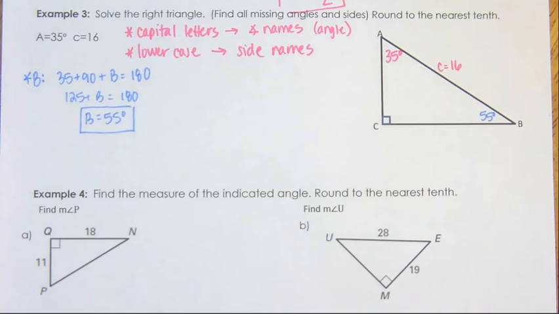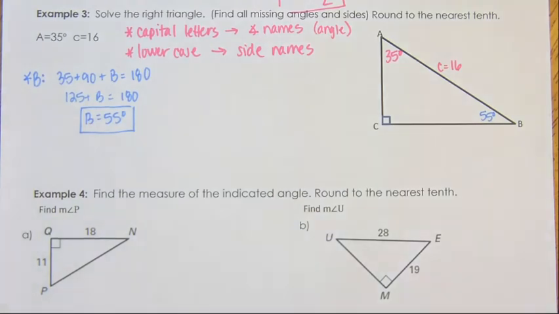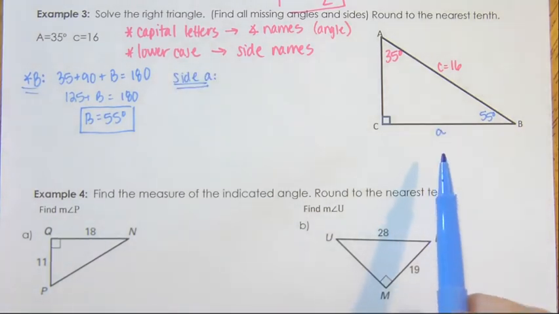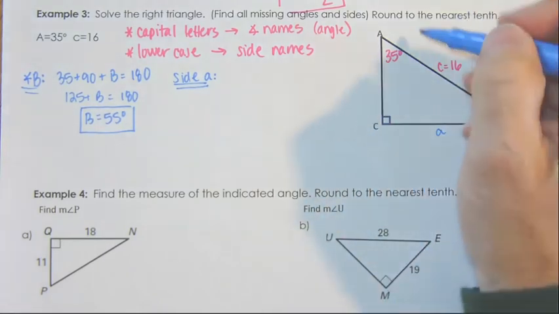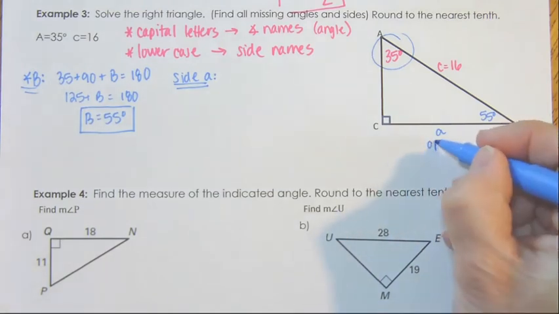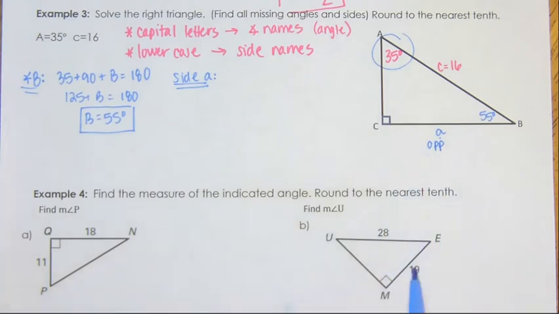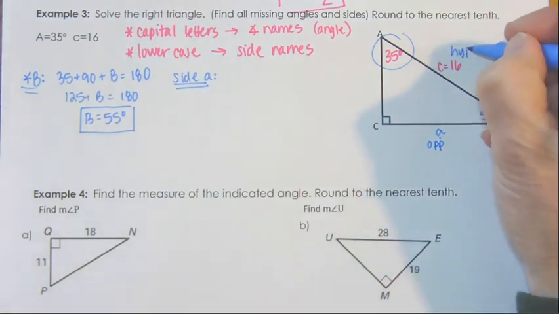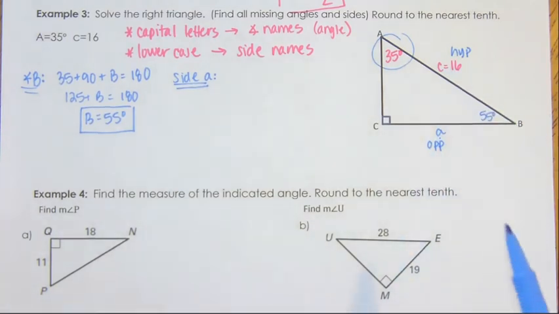All right, now let's move on and look for side A first. Notice A is across from angle A, and this is the angle that we're referring to. This is the opposite side. So don't get confused with the name A; it's actually the opposite side. It's not the adjacent. So I've got the opposite side and I know the hypotenuse. Opposite and hypotenuse uses sine.